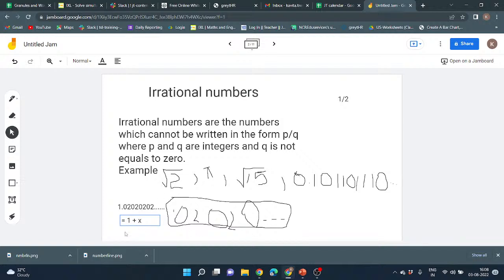This number is actually equal to 1.020202 and so on. So again we will see, if we multiply this by 10, let's say we multiply it by 10 times x, this will become 10.202020 and so on.